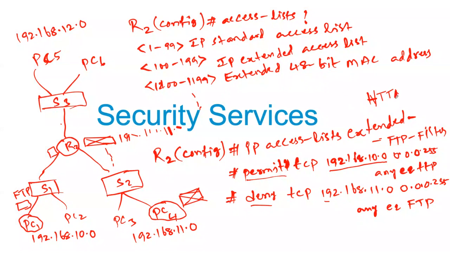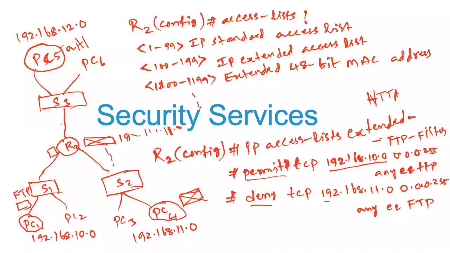The HTTP filtering or any other service can be configured in that way. So this is one way of securing your network. Suppose PC5 is an attacker, sending packets to attack PC1 or PC2.